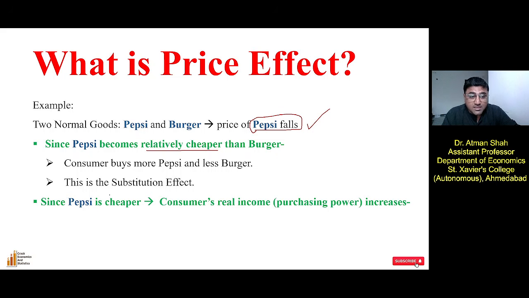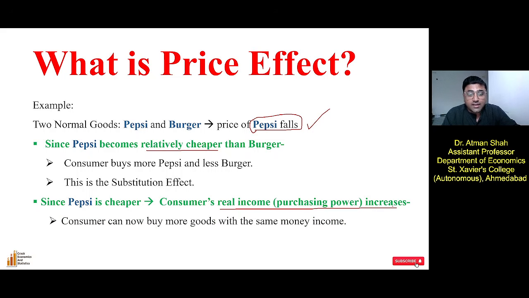Now, since the price of Pepsi falls, consumers' real income, that is purchasing power, increases. And from this increased real income, consumer can now buy more goods with the same money income. And that is known as income effect. So first is substitution effect.